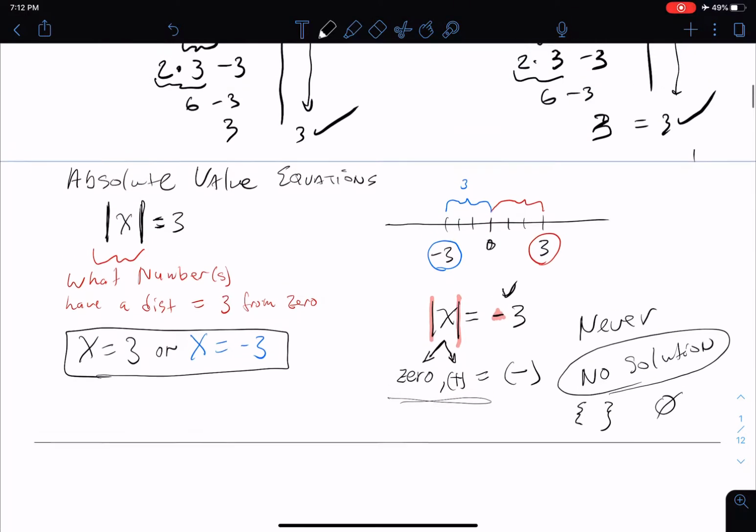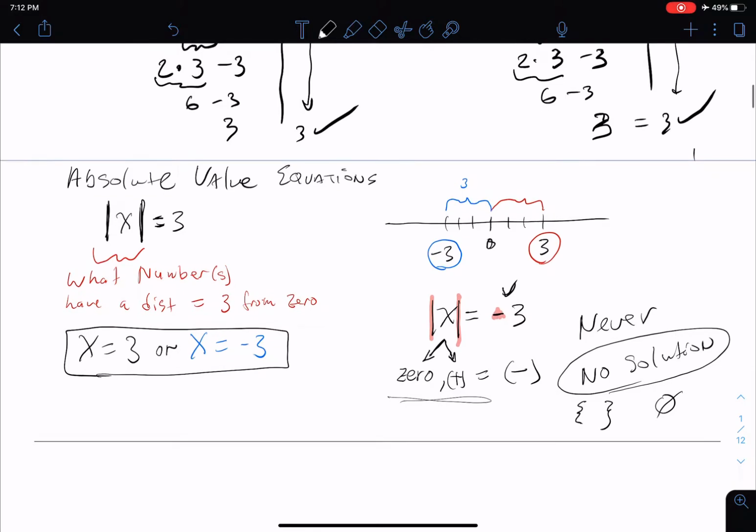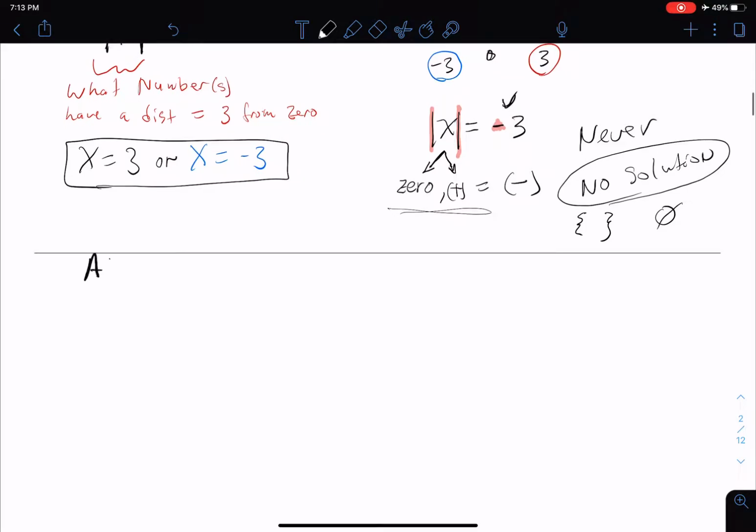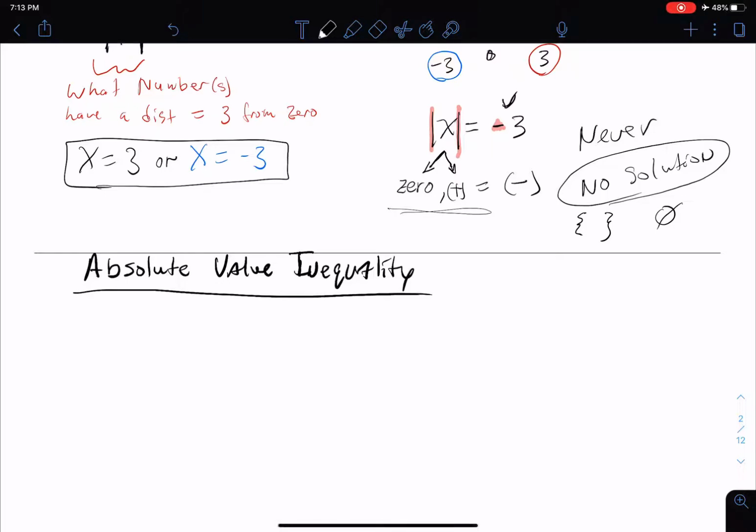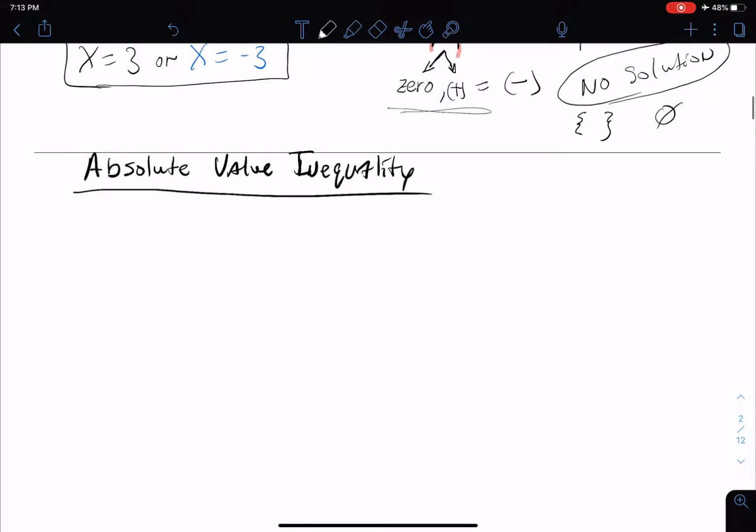So remember when we had absolute value equations, how we thought about the distance from 0 to whatever. Let's do an absolute value inequality. An absolute value inequality would be when you have an absolute value, and I'm going to use some of the same numbers.